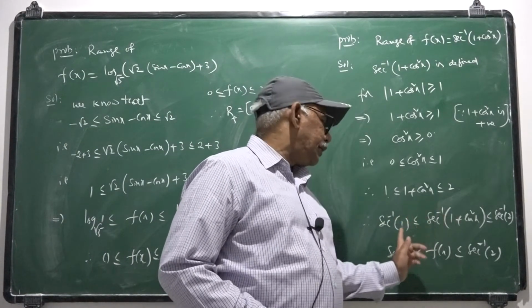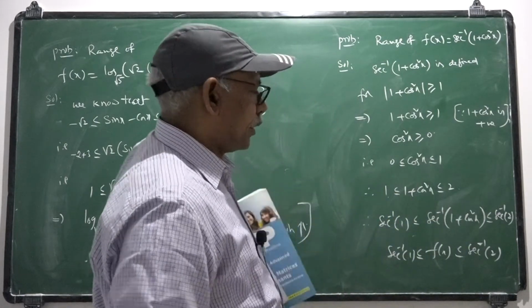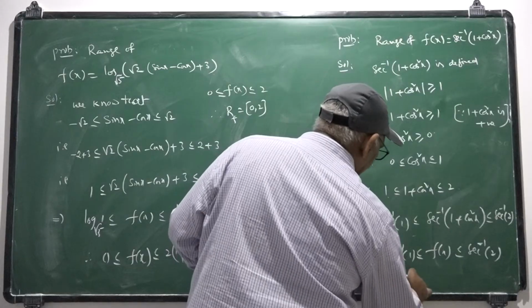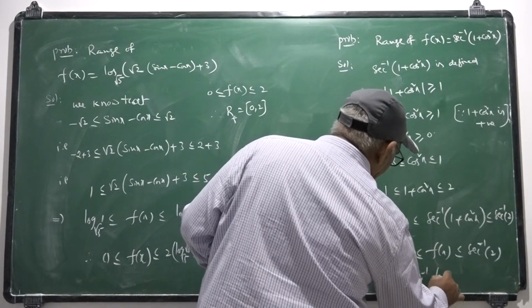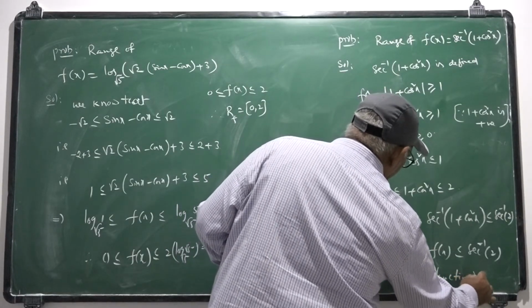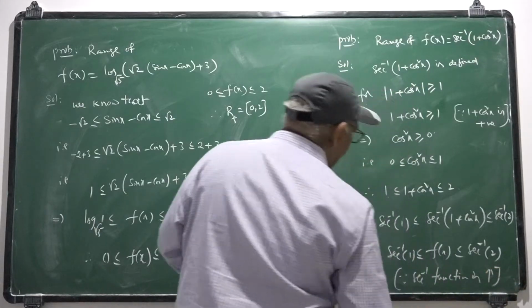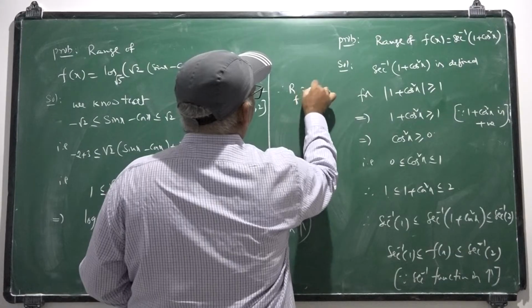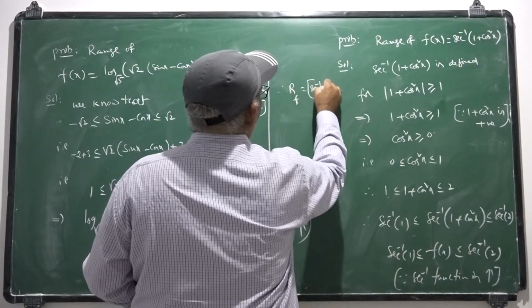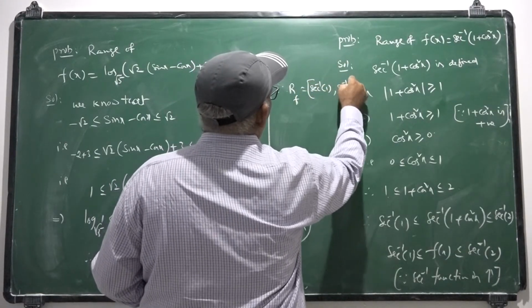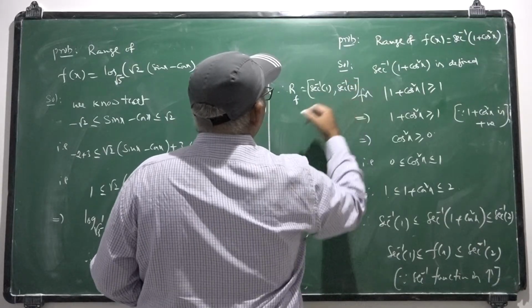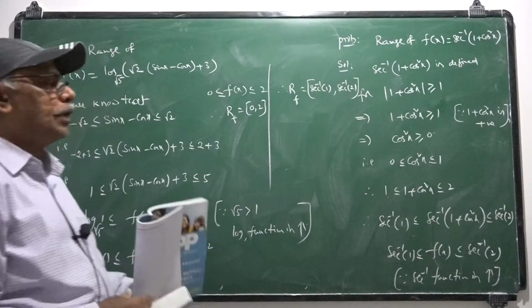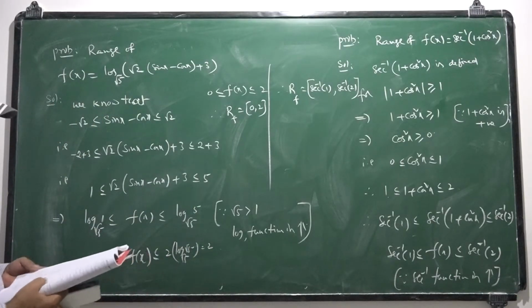Once you apply secant inverse throughout the inequality, there is no change in inequality, since secant inverse function is increasing. So therefore, range of f is secant inverse of 1 comma secant inverse of 2.